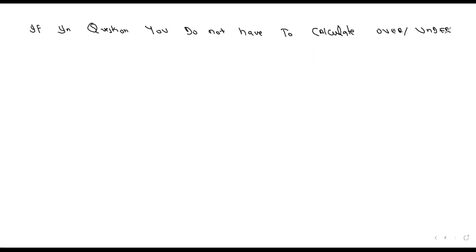If in the question you do not have to calculate the over or under hedge amount, then the last step would be to convert foreign currency at the lock-in date.